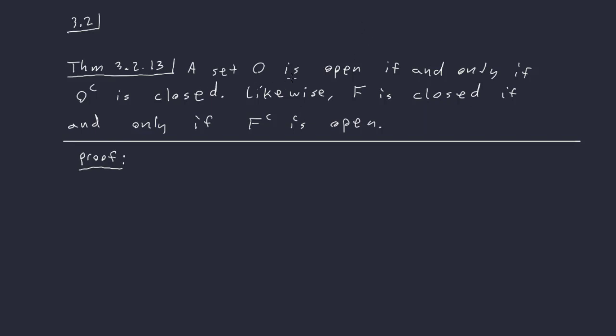So let's start with our first direction here by assuming that O is open. So let O, which is a subset of the reals, be an open set. And we want to show that O complement is closed.